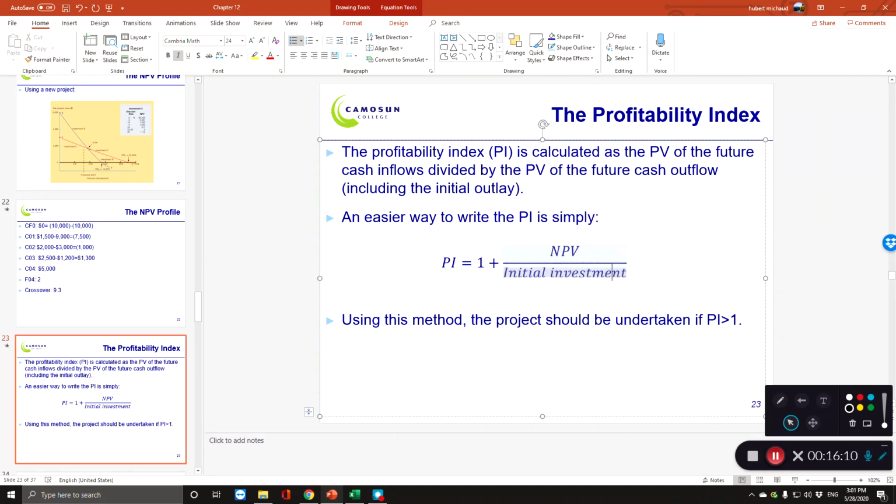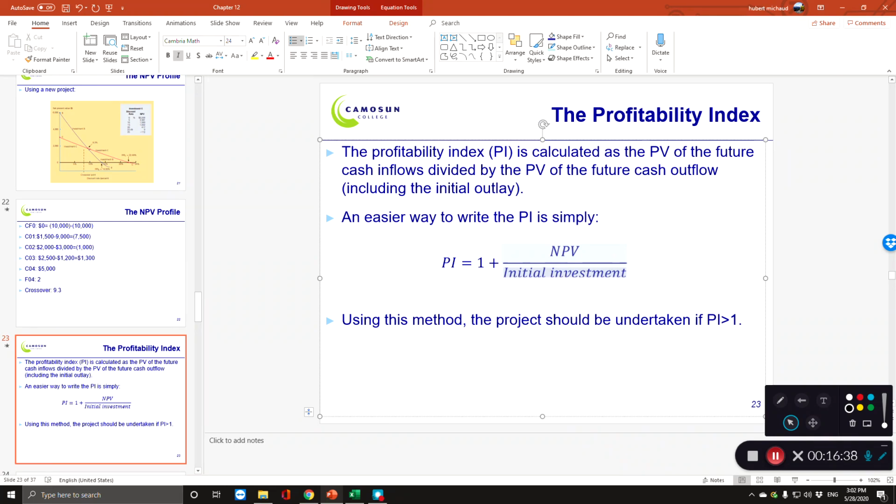The NPV divided by the initial investment tells me how much value the project will create as a percentage of the initial investment, and then adding 1 so that it's 140%, right? So if it's 1.4, it's saying that this project will create a return of 140% of my initial expense on that project. So it's pretty easy to calculate.